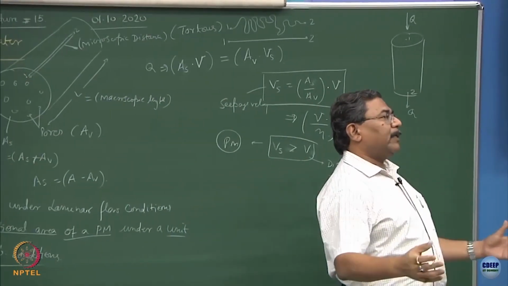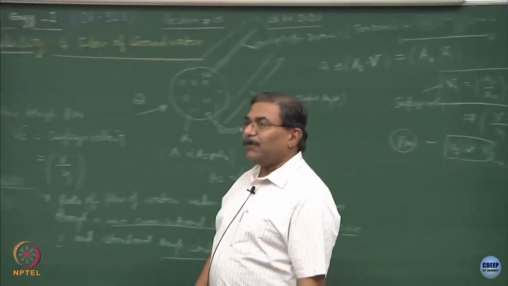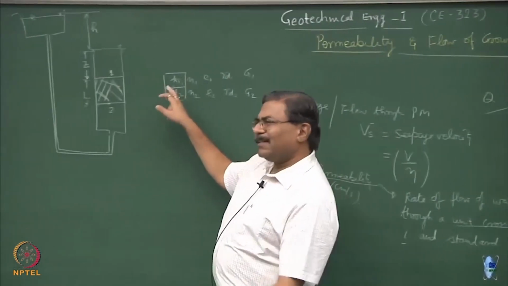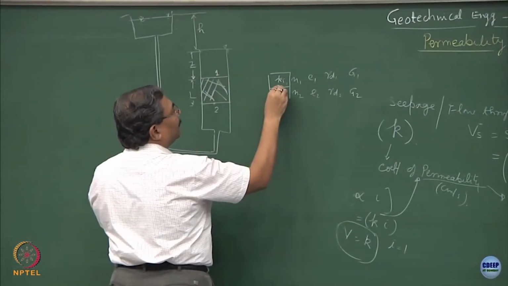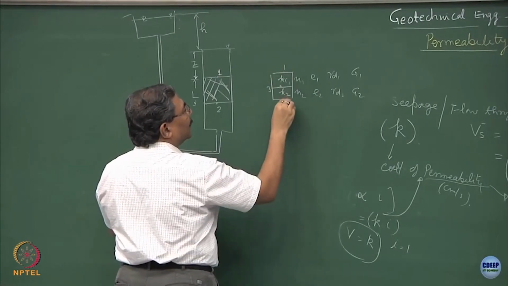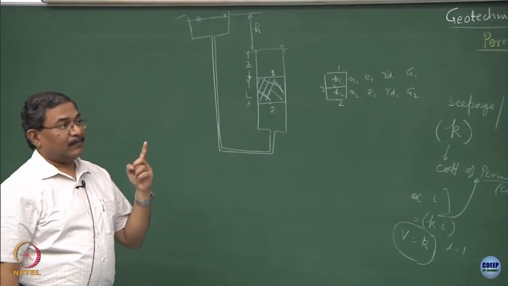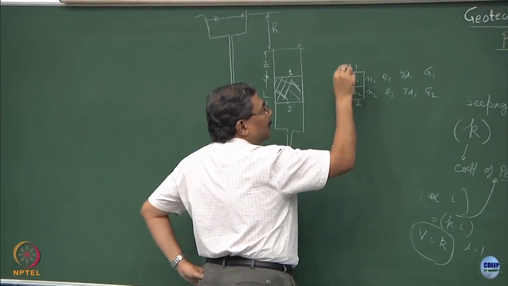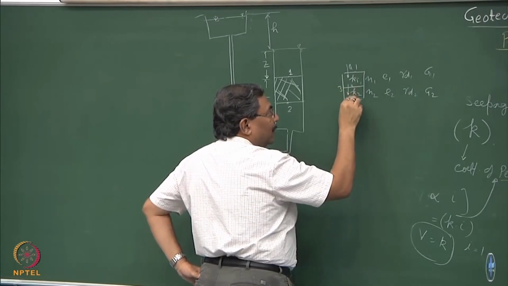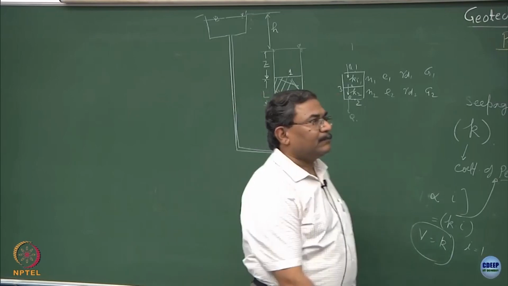I have created a multi-layered system, a two-layered system, where you are going to be in some difficulty, but it is simple. Now, what I can do is replace this 1 and 2 with point number 3 and still go ahead with the same thing. What I require is one equation of continuity. That means this Q is going to be the same as this Q, the same as the Q which comes out, that is it.